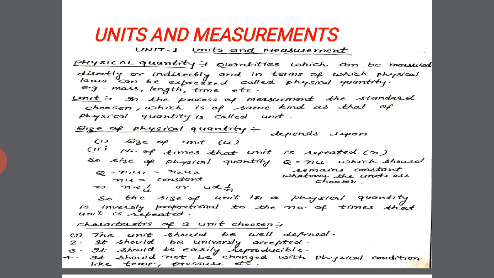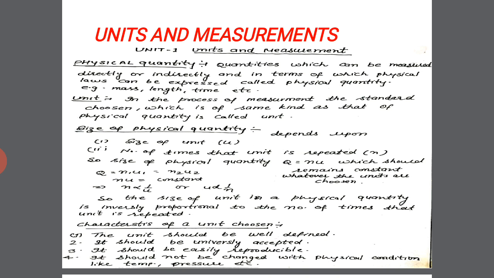Okay, it is worldwide accepted. It should be easily reproducible. We can easily convert it from one form to another form, and it can be reproduced easily. Okay, it should not change with physical conditions like temperature, pressure, moisture, heat. Okay, it will remain the same.